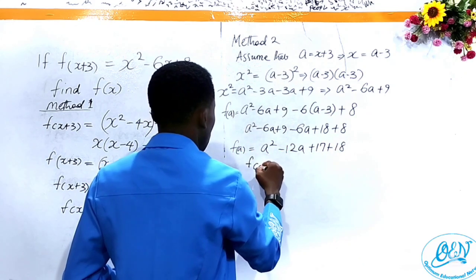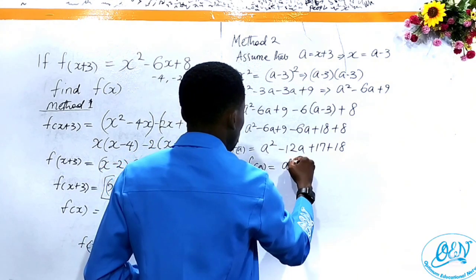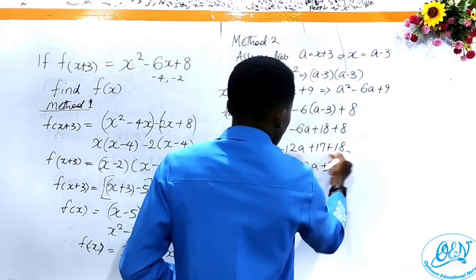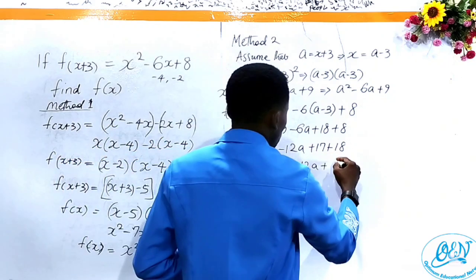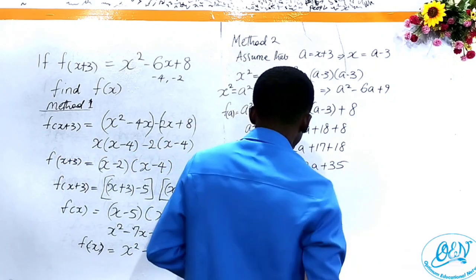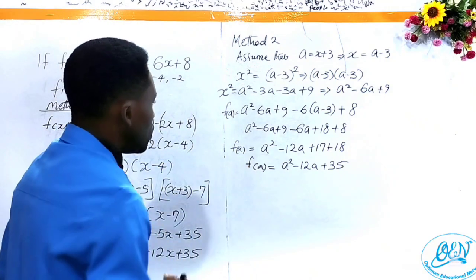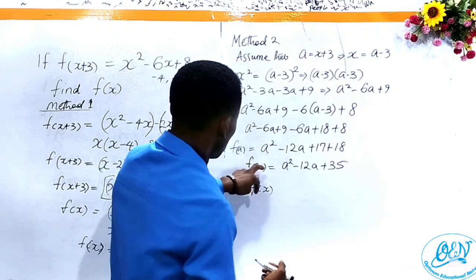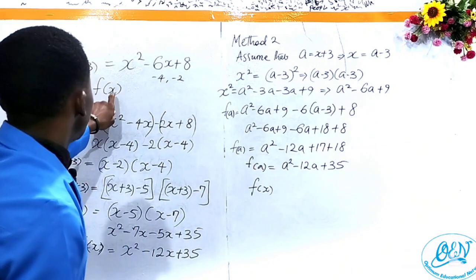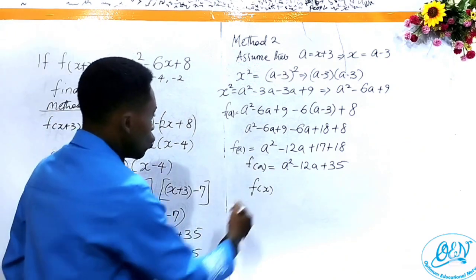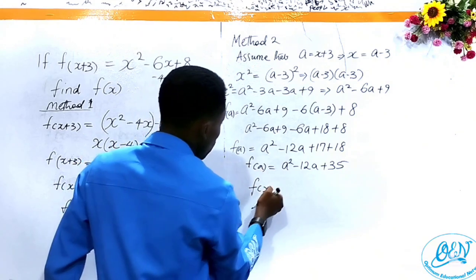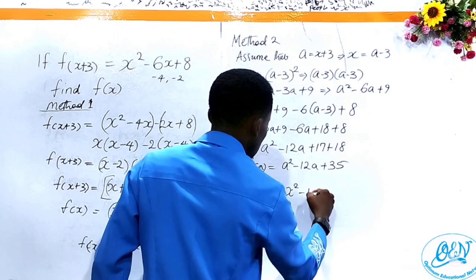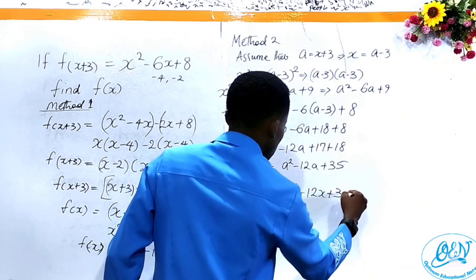Now f of a will give us a squared minus 12a plus 35. Now replacing this f of a with f of x, because initially we wanted to substitute x for this, we are using x now for this a. We have x squared minus 12x plus 35.